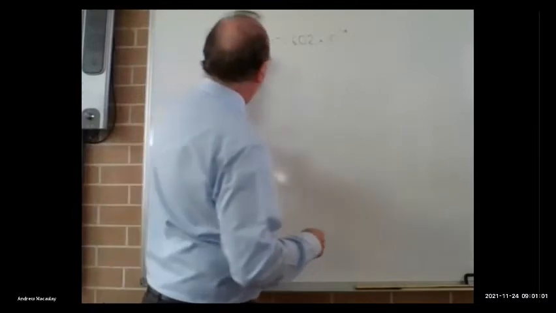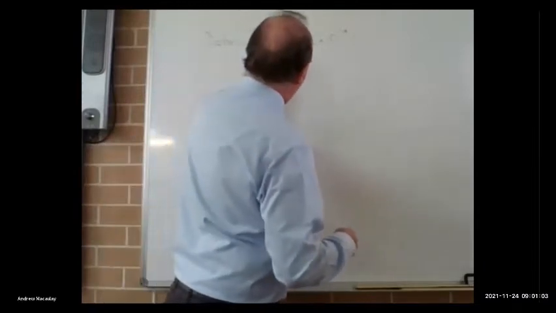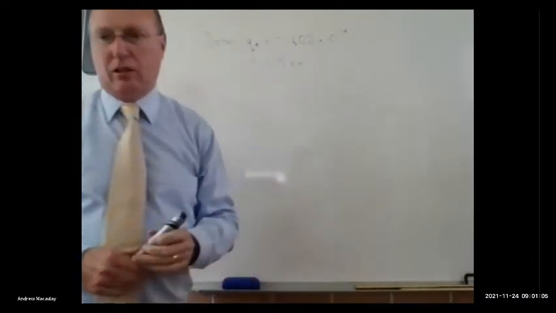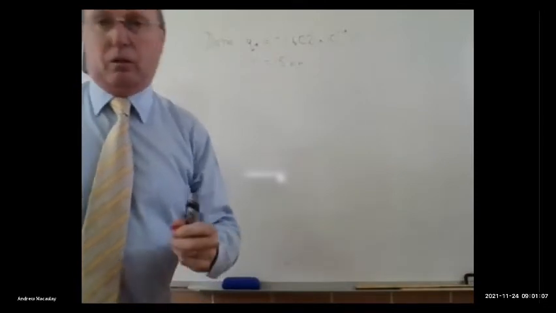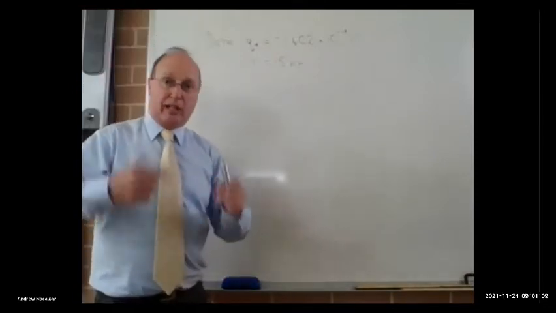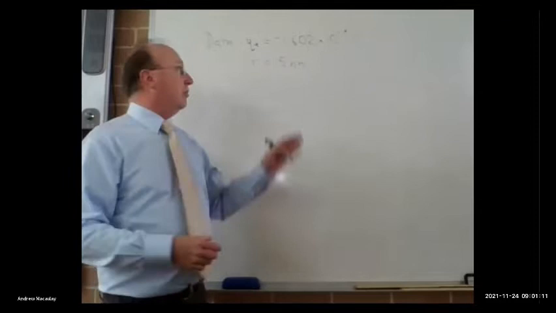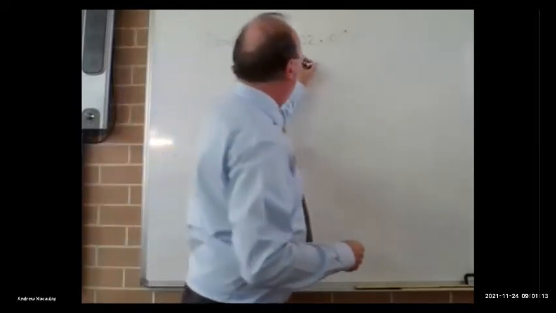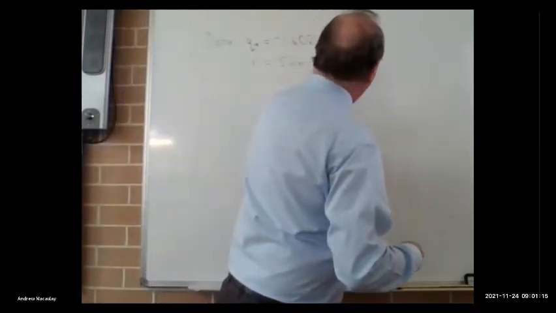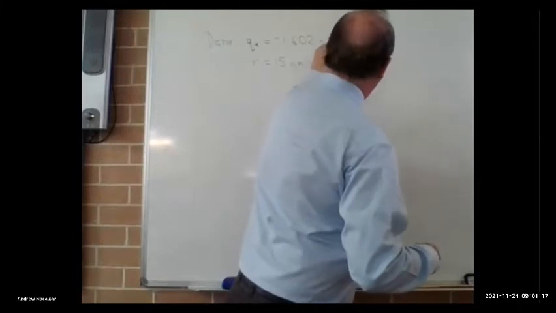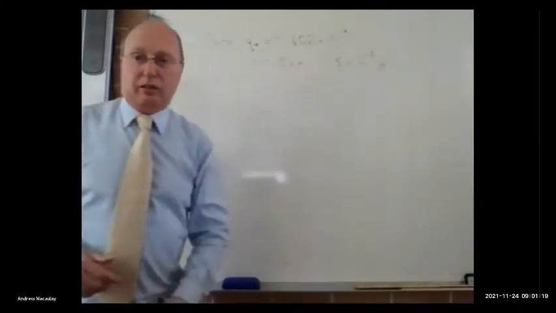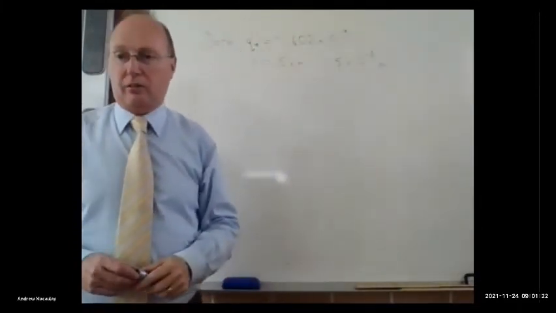So if r is 1.5 nanometers, what's that in SI units? So we have to then say, well, what does nano mean? Nano is negative 9. And so it's 15 times 10 to the negative 10, or 1.5 times 10 to the negative 9 meters, changing it to meters and scientific notation.